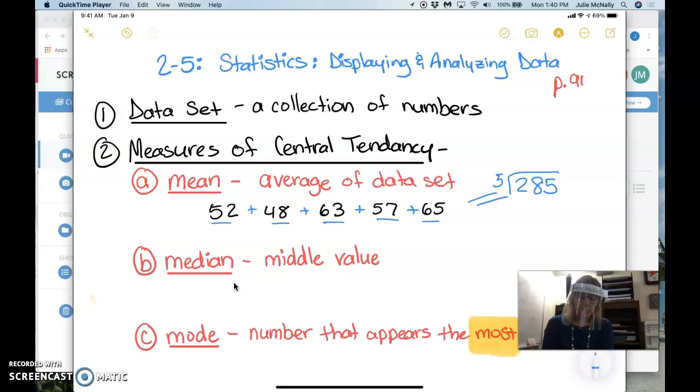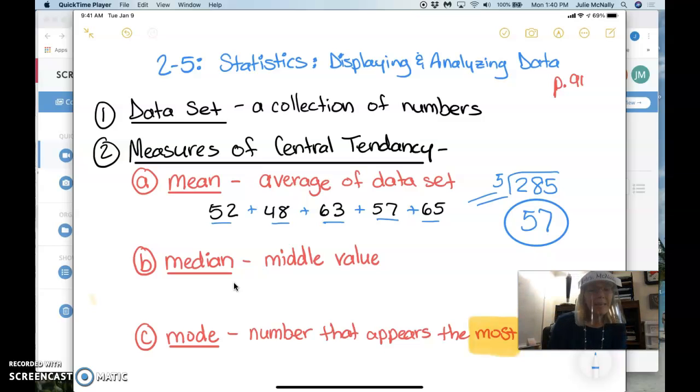What is it? 57. So my mean of these numbers is 57. You add them all together and you divide by how many numbers there are. That will get you the mean of any data set.